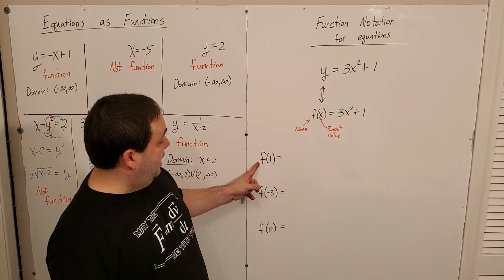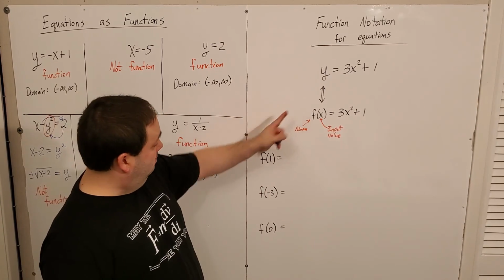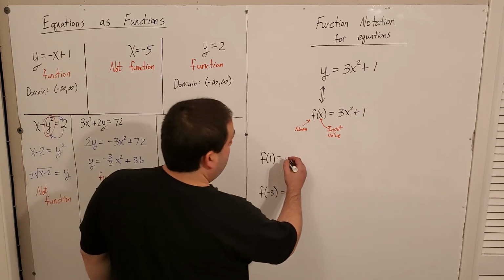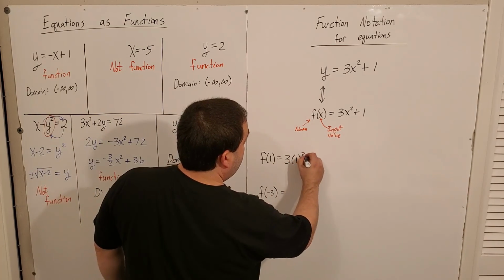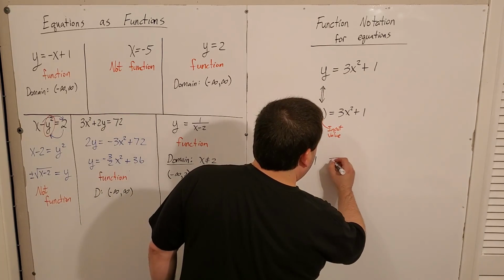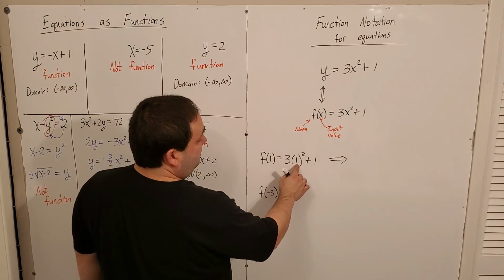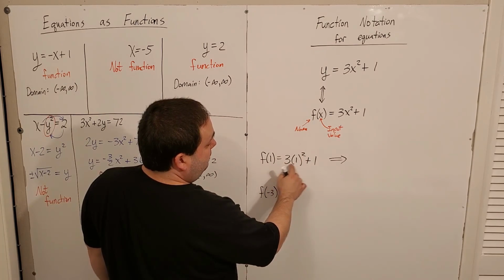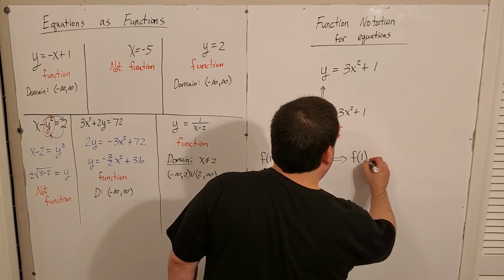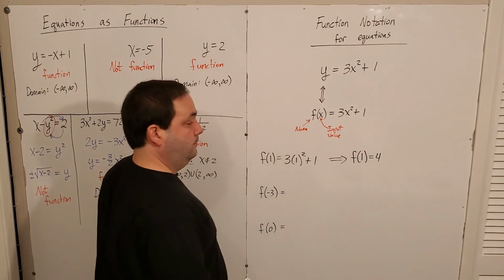Look at the function named f. There he is. Put 1 in for x. So 3 times 1 squared plus 1. Right? Okay, well 3 times 1 squared is 1 times 3 is 3, plus 1 is 4. So f of 1 is 4.